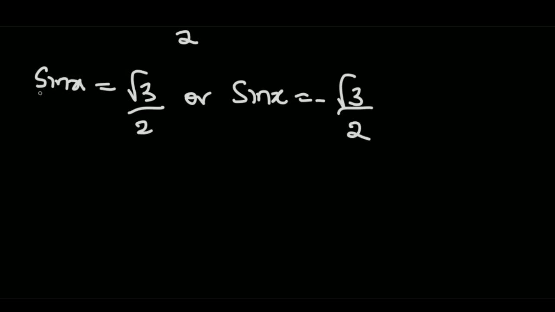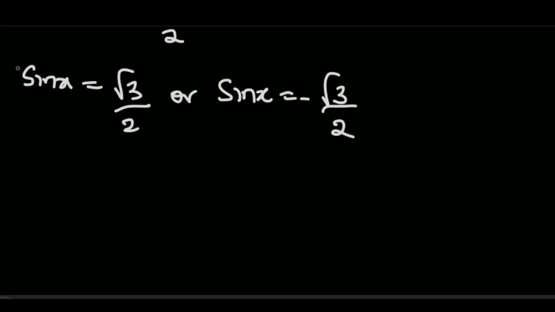This is where sine is positive, so we look at the two quadrants in which sine is positive, the first and the second quadrant. For the first quadrant, you obtain 60 degrees. So x equals 60 degrees.